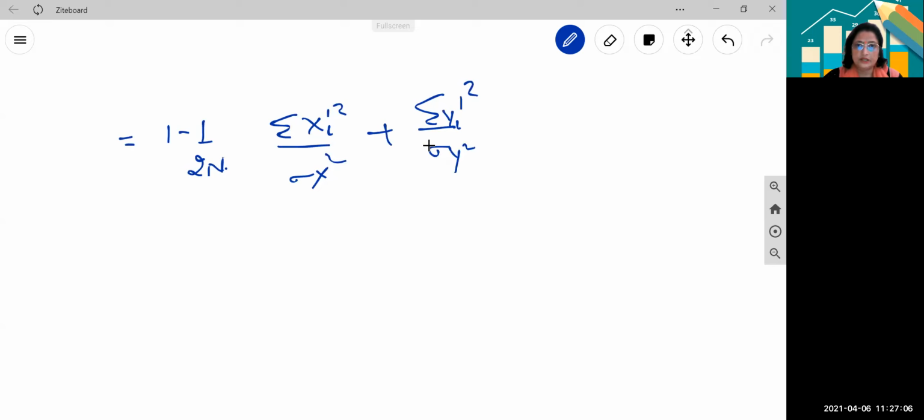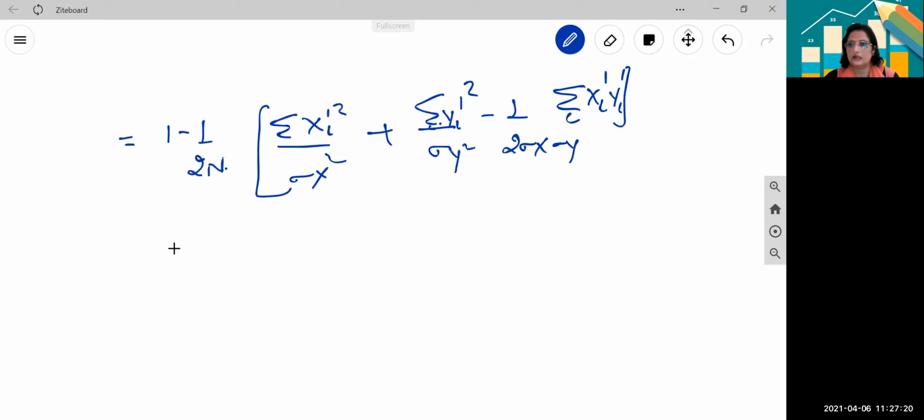Then variation is of i. Then again minus 2 upon sigma x sigma y into summation of i xi dash yi dash. So what we have done is applied a minus b whole square. Now here we have put the values of deviations. xi dash is xi minus x bar, yi dash is yi minus y bar. So substitute the values of deviations here.